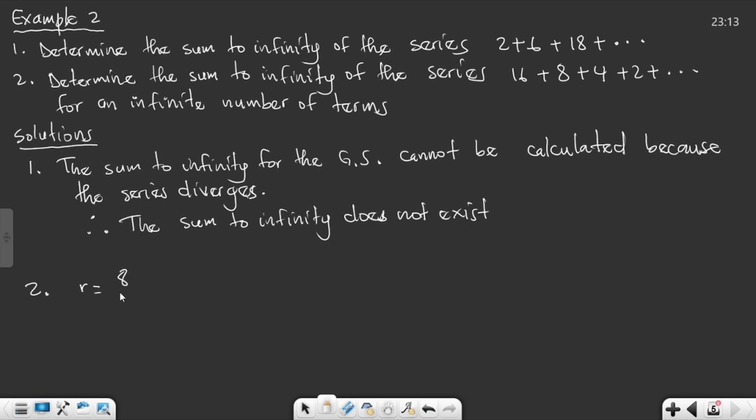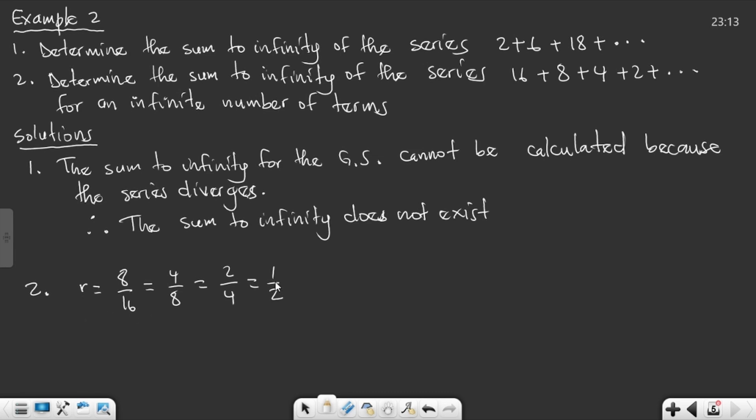So that is 8 divided by 16. This must be equal to 4 divided by 8. So it is always the next term divided by the previous term. And when you check, this must be equal to 1 over 2, which is your common ratio.